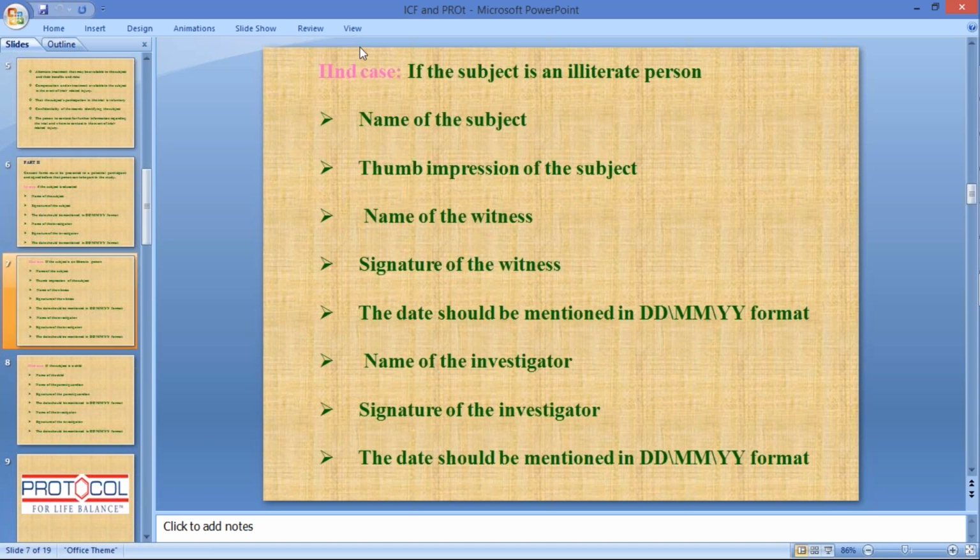Second case, if the subject is an illiterate person, we should have a witness: name of the witness, signature of the witness, and name of the subject, thumb impression of the subject.